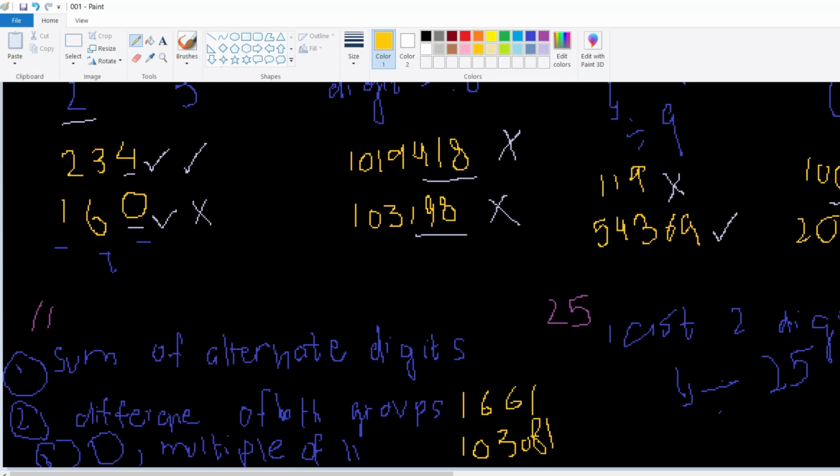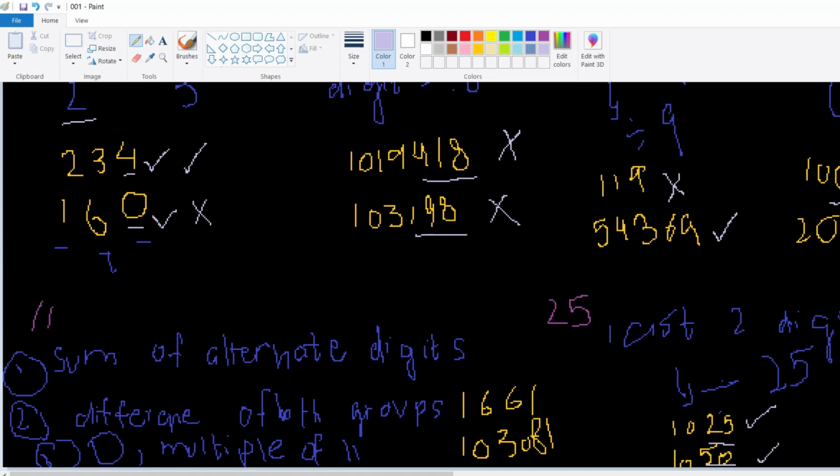And for 25, we would go with 1025 and then 1050. I'll solve the 25 one first. The last number is 25, which is divisible by 25. So this whole number is divisible by 25. The last number is 50, which is divisible by 25. So this number is divisible by 25 as well.